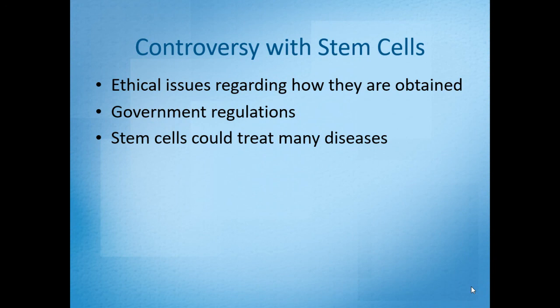There are also different government regulations regarding how they are obtained, and stem cells could treat many diseases. And you'd think, well, why is that a controversial issue? If they could treat something, why wouldn't we use it? And that all goes back to how we obtain them.